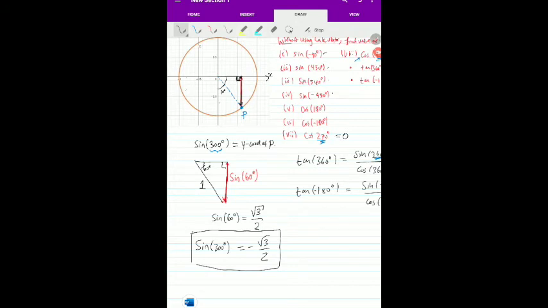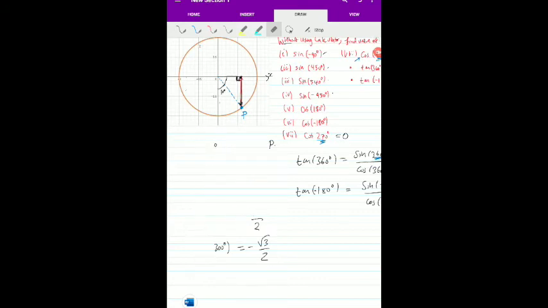Now let's do yet another one. What is the cosine of 300 degrees? So again, same point P, because this is 300 degrees as always. But we need to know the x-coordinate of P this time.